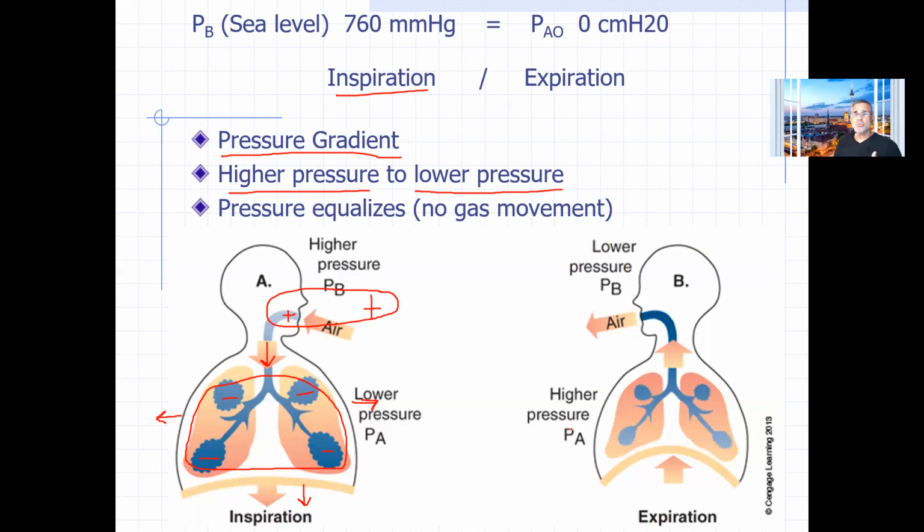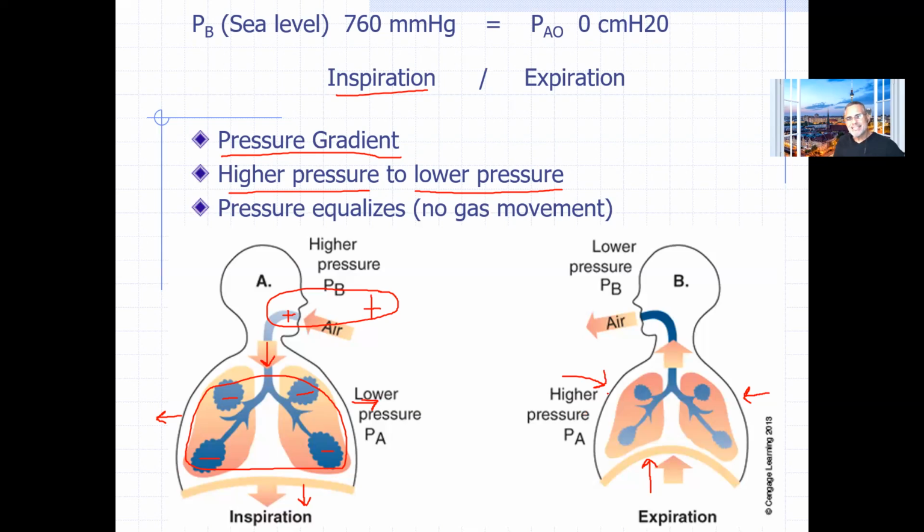So that energy that's been exerted is now allowed to relax. We see the diaphragm relax back into its normal state, and it actually relaxes upward. We see the chest wall relax and actually push inward.